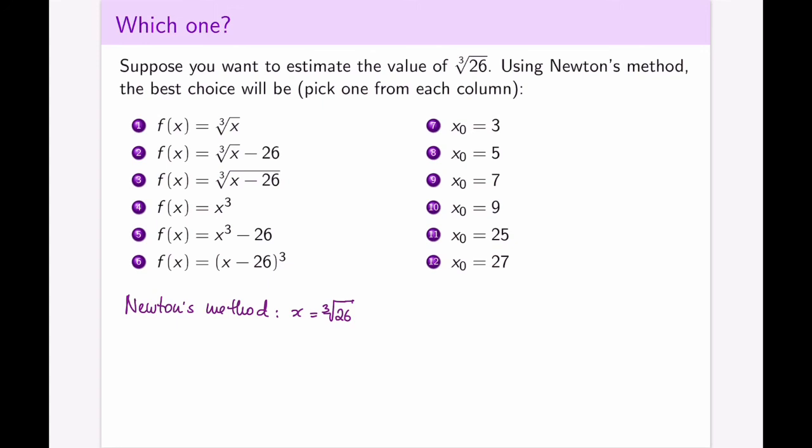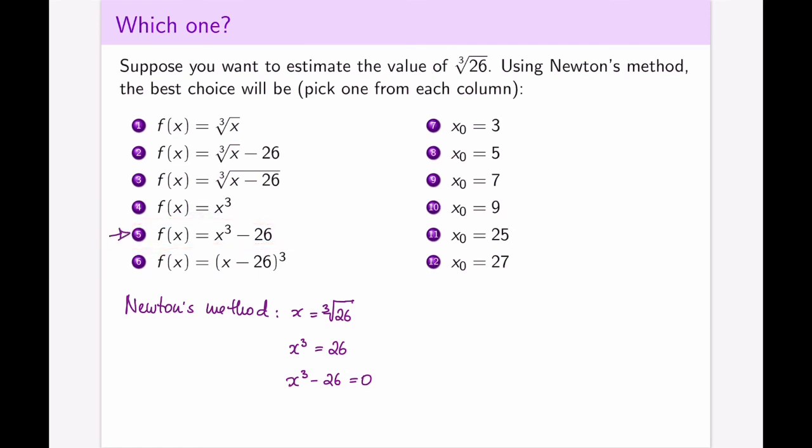I'm going to raise both sides to the power of 3, which results in x cubed equals 26. Then I move everything over to one side to create an actual equation that I can use for Newton's method. So my function here is x cubed minus 26, which is this function right here.